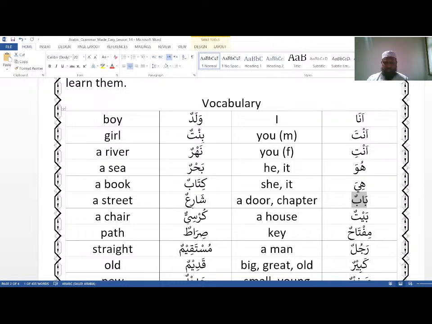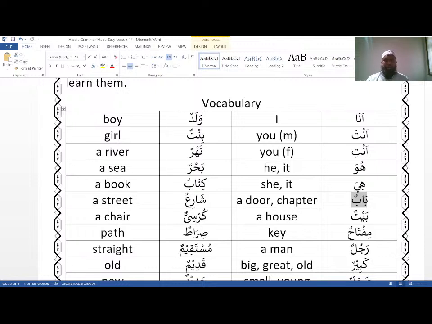No signs of muannas. Rajulun, obviously we know, is indicating male. Can we make this into muannas? Is there an opposite of rajulun? Yes, there is, but there is a different word for itself. Imra'atun, woman. So if there is a different word, we don't make that into muannas.